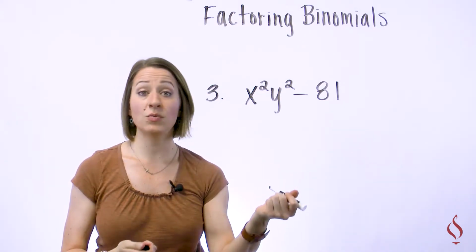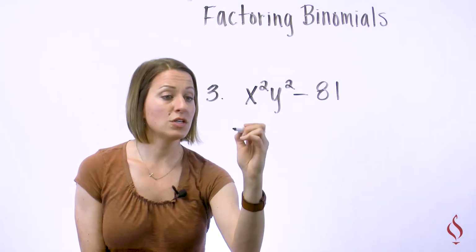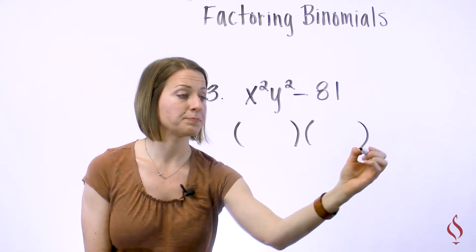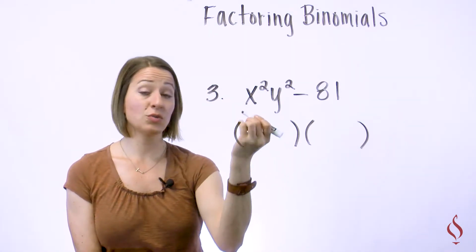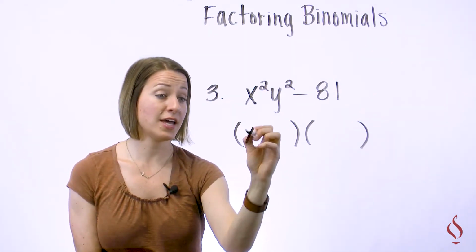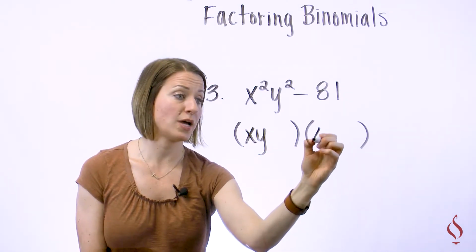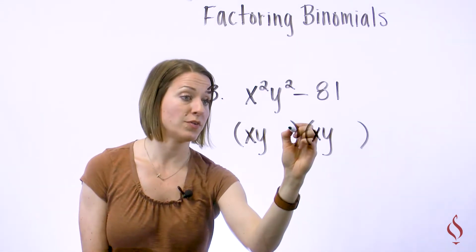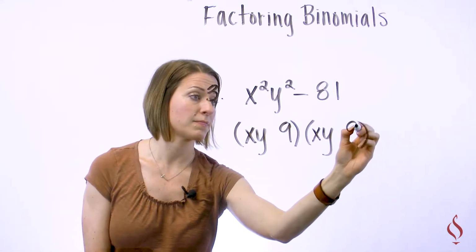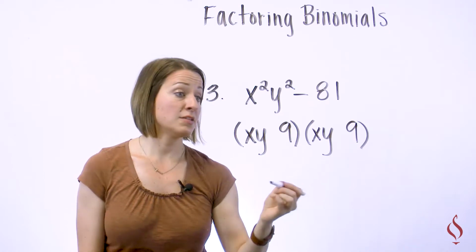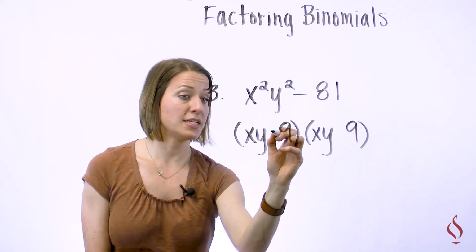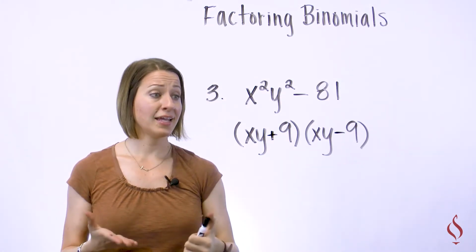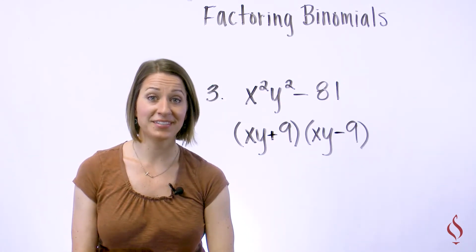And of course 81 is a perfect square number. So go ahead and draw those 2 parentheses. Take the square root of the first term and write that in each of the first spots. Then take the square root of the second term and write that down. Here it doesn't matter: one just needs to be a plus sign and one needs to be a minus sign. And there's your final answer.